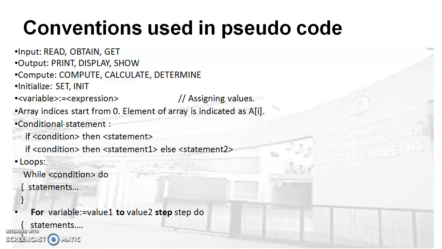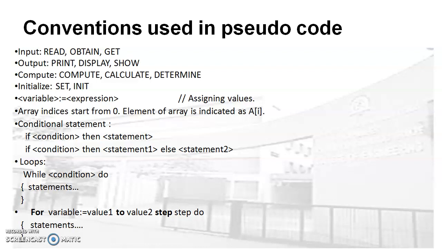Then the concept of an array is also used in pseudocode. An array has an index and the indices of the array start from 0. To access any particular element from the array, you use the notation of the name of the array followed by square brackets into which you put the index of the element to be accessed.